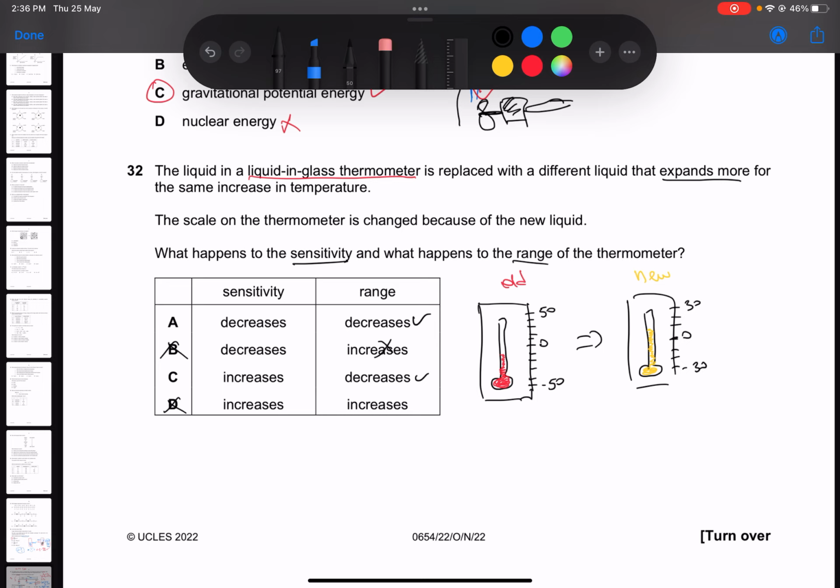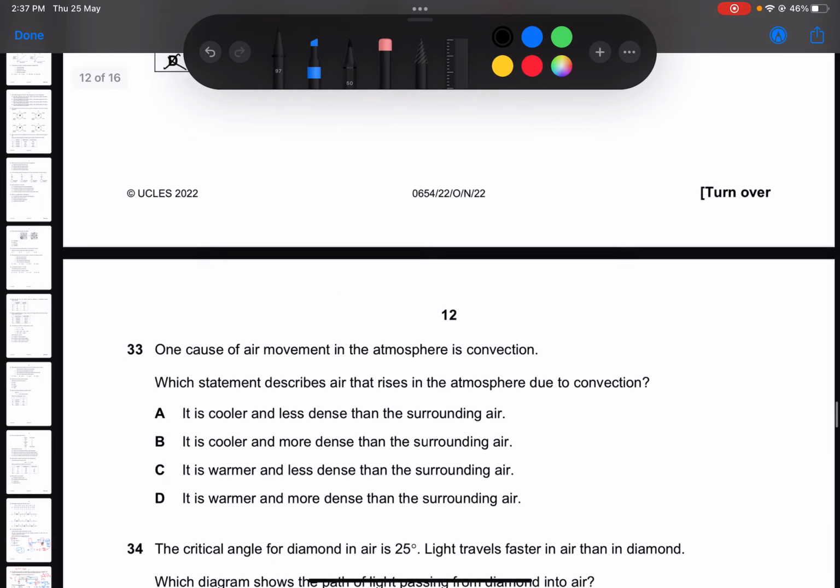So we can compare them, and sensitivity is going to increase, actually. It will show a more precise reading, because the range is less now, okay? So it's going to be this one, definitely. So the answer is C.